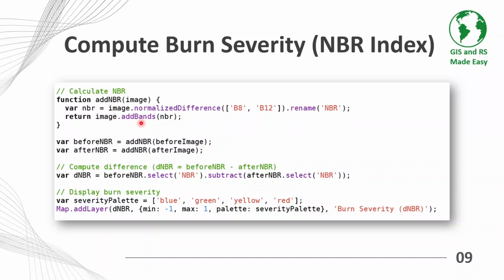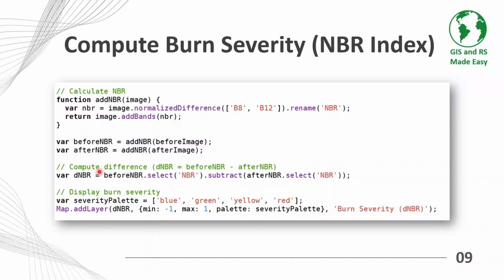Then it returns the image with the NBR band added to that image. Now we pass the before image to this function, and we will get the before NBR image, and then the after image, and then we will get the image called after NBR, and we put it in a variable. Now we have two images with one band called NBR that we already renamed as NBR.